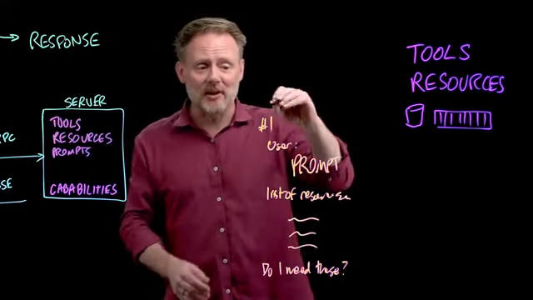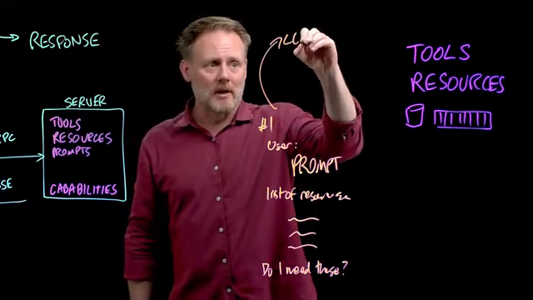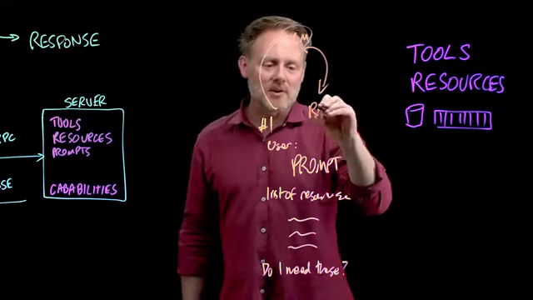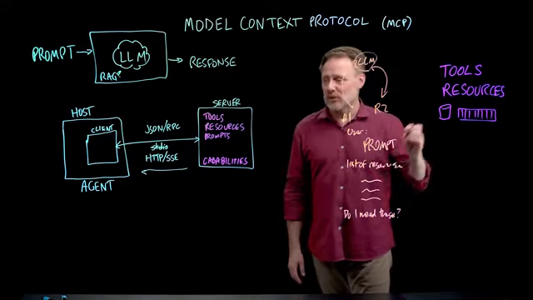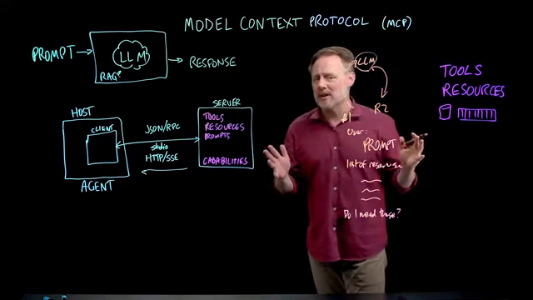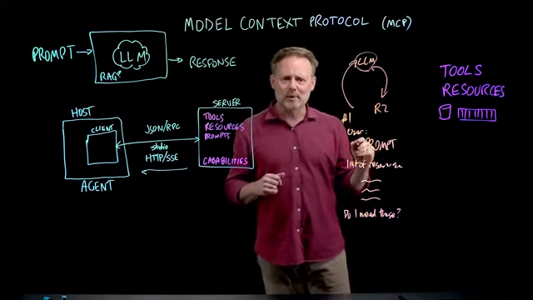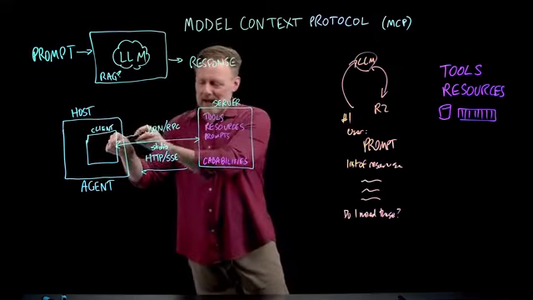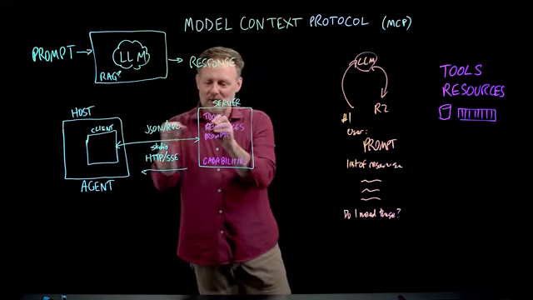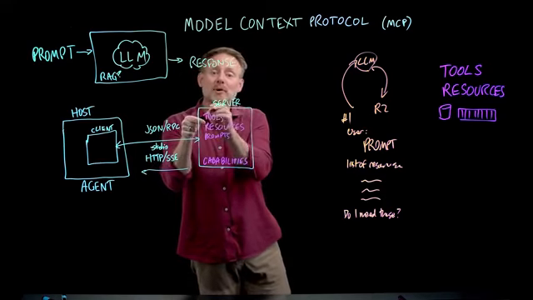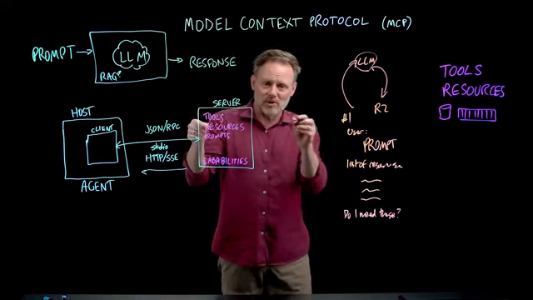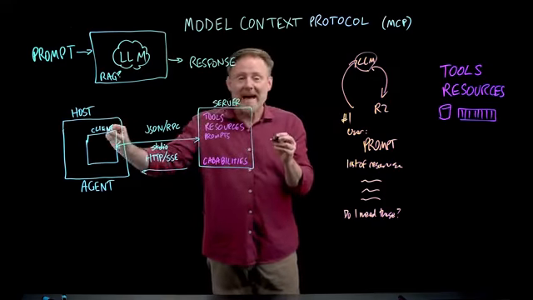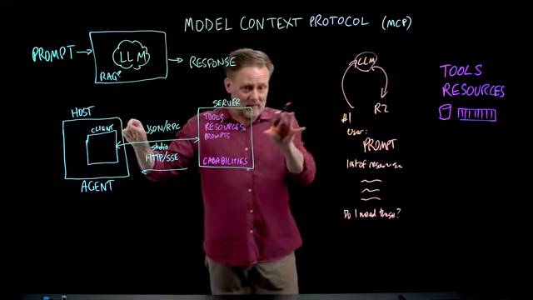We submit this as a prompt up to our LLM, and it tells us in return, yes, you need resource 2. That resource 2, that list of coffee shops in the area, that looks super interesting. Please give me that. And so now my client says, oh, resource 2, I know where that is. I'll just go ask my MCP server for the details of resource 2, maybe passing some parameters, maybe not. And then I will get that text back, or whatever that data is.